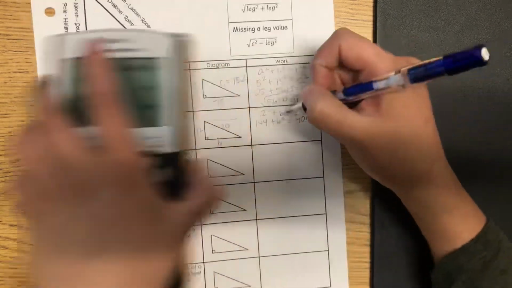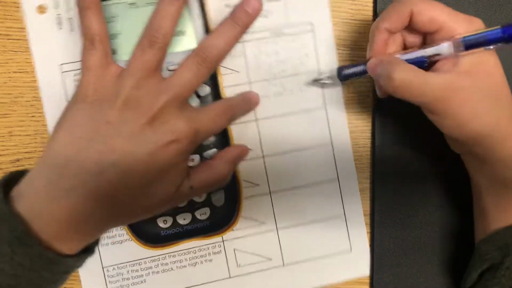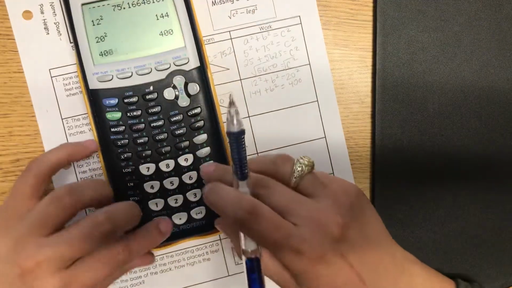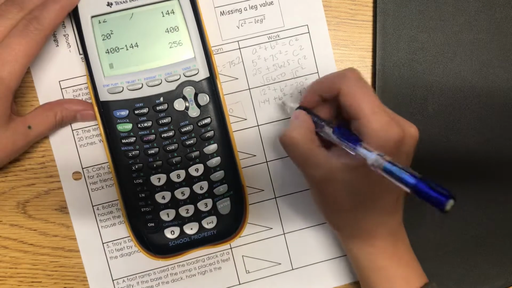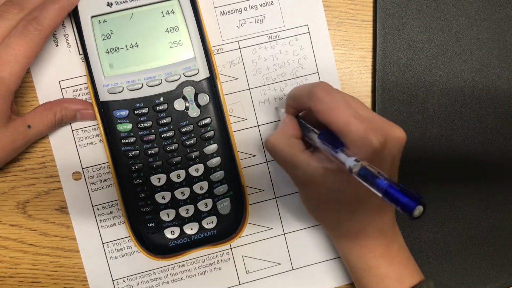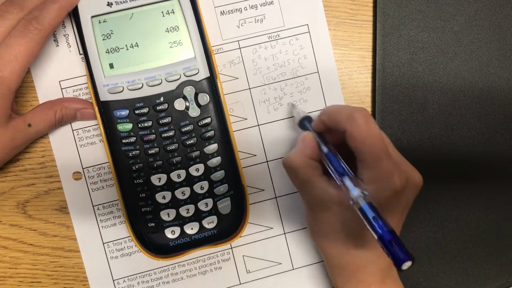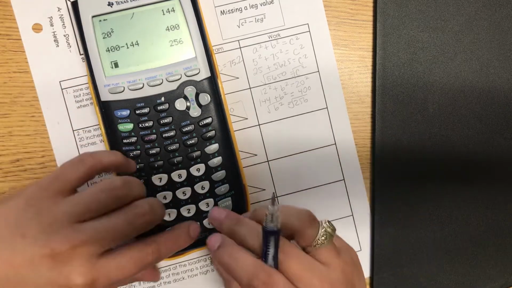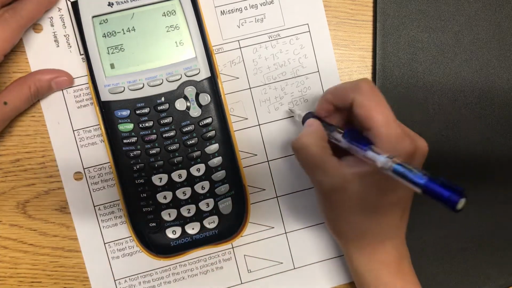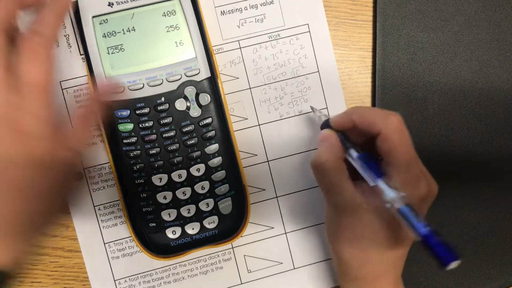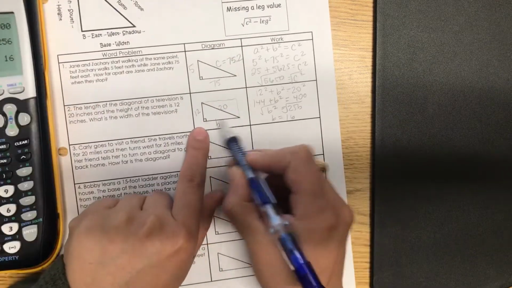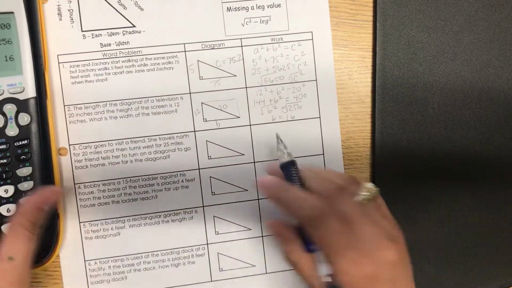Now, when a leg is missing, we don't add these numbers, we subtract them. So 400 minus 144 is 256. And then my final step is to take the square root of that to actually find how long b is. So b equals 16. The width of the television screen is 16 inches.